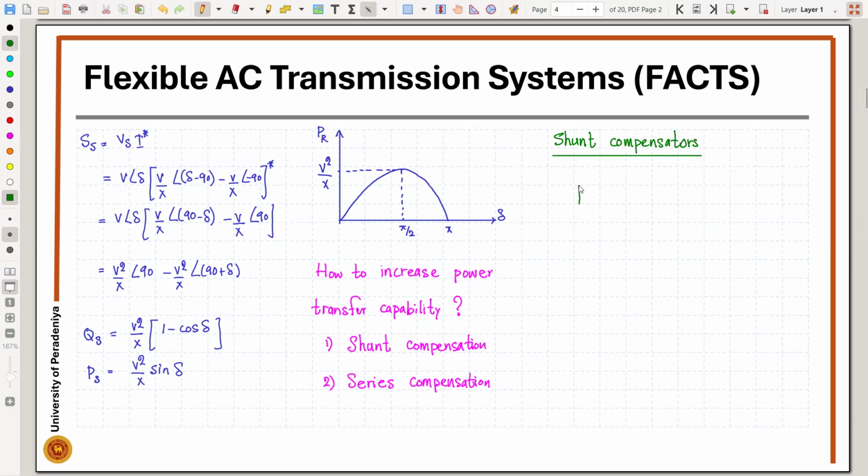So in the shunt compensation, what we are going to do is we would have the sending end, and then we have the receiving end.